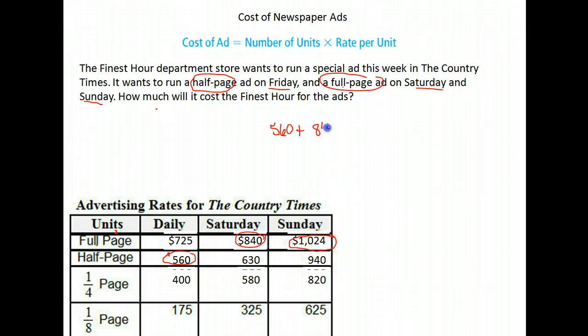So we have $840 for Saturday, $1,024 for Sunday. We total those up, and we'll know how much it's going to cost. Okay, when we total those up, we get a total of $2,424. So for them to run these ads, that's how much it will cost.